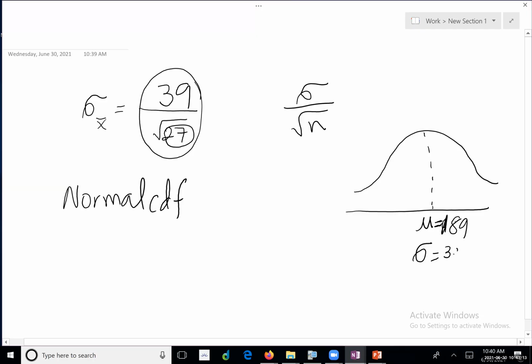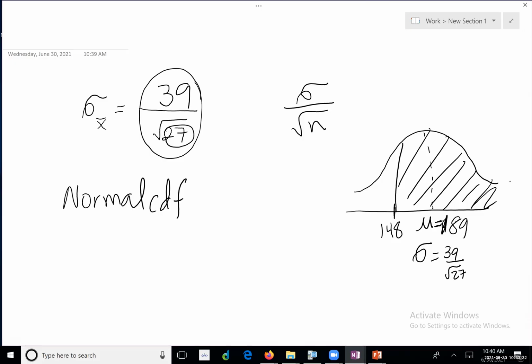So that's 39 over root 27, or if you are using decimal, please use multiple digits. So now 148 or more. Find the probability of average of their weight of those 27 people. You find their average, and their average to be greater than 148.